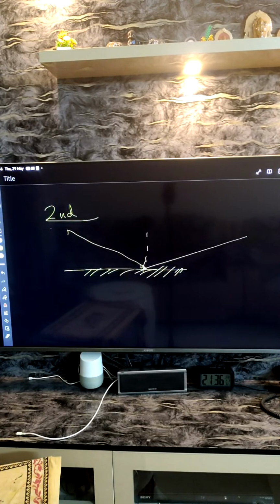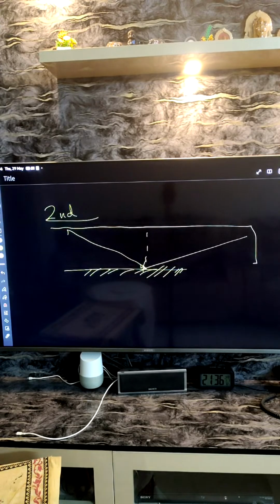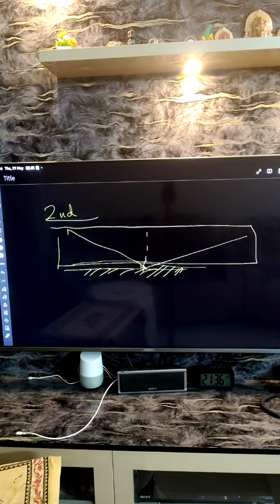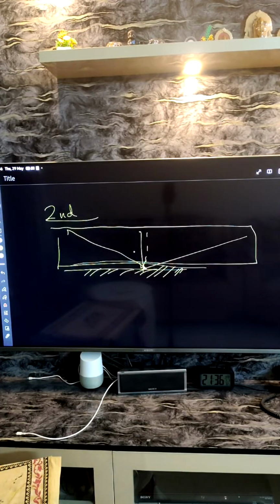If you draw them on a sheet of paper, you notice that all of them lie on the same plane, which is the plane of the paper. They are not going to go backwards away from the plane. So this is the second law of reflection: the incident ray, the reflected ray, and the normal all lie on the same plane.